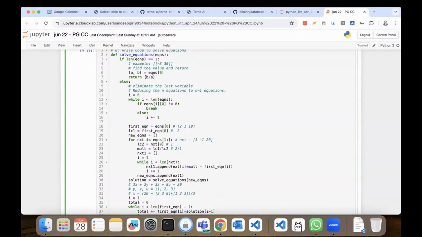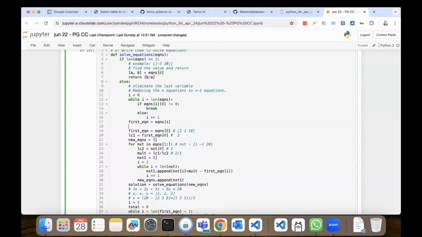So then we will swap. We'll say first equation equals eqs at ith position. So we'll pick the ith location, and then at eqs at ith, we will put eqs 0th.